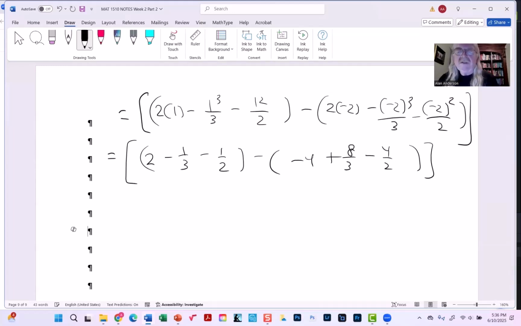So we're going to need to find a common denominator for all these terms. Let's try sixths.